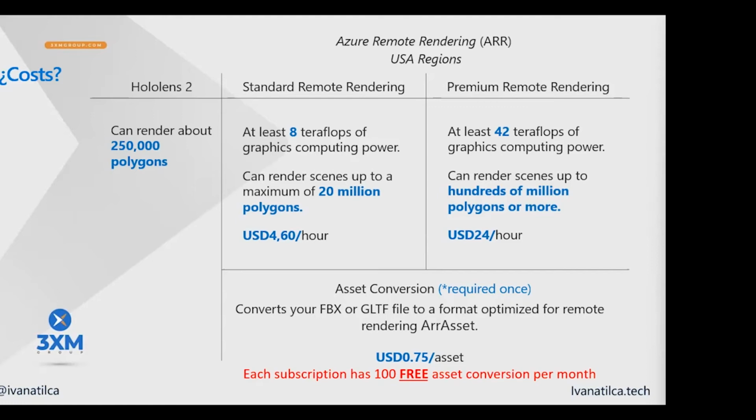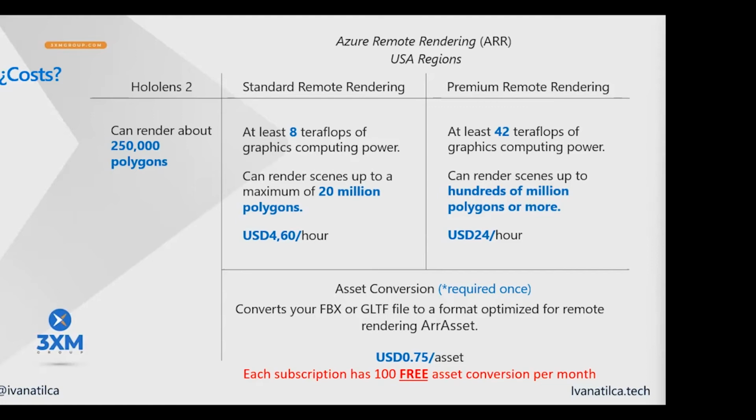Now, what else is important regarding cost? The asset conversion. I will explain later in detail, and I will show you guys how this works on the cloud. But you have your file as a designer, which is an FBX file or a GLTF file.